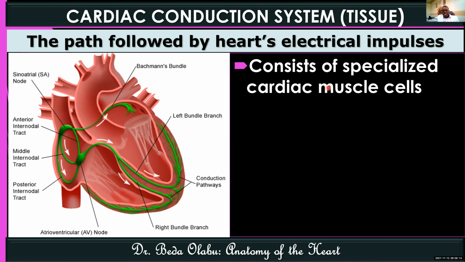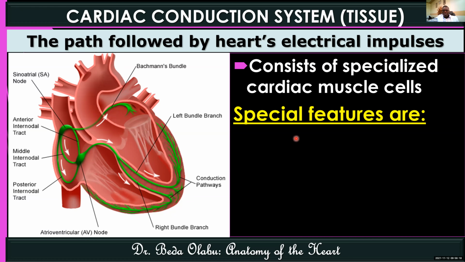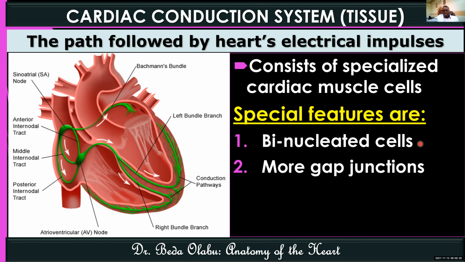Why are we saying they're specialized? They have some unique features. One of them is that these are the ones that tend to be binucleated, while the others are usually mononucleated. These are the ones that have several gap junctions within the intercalated discs. They have more gap junctions than the rest, and it makes sense.